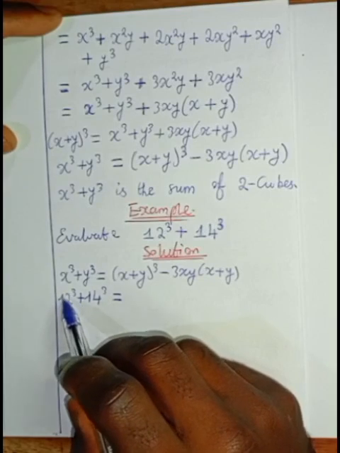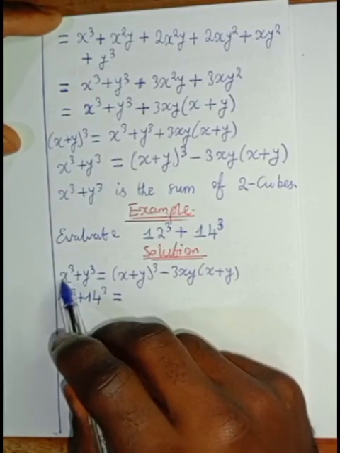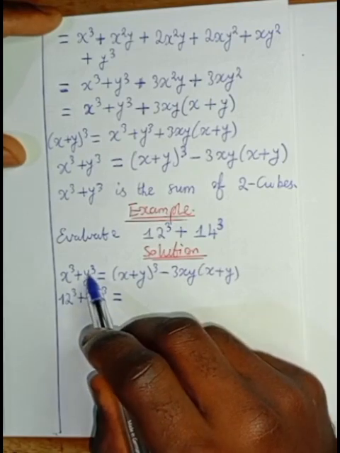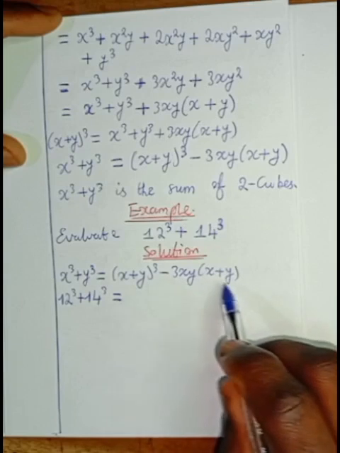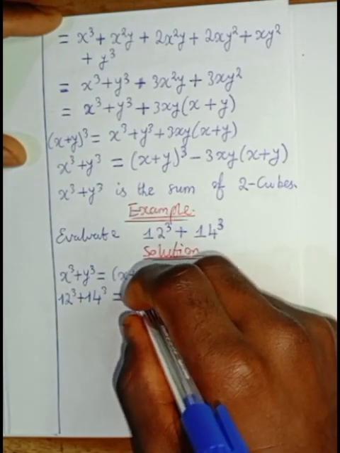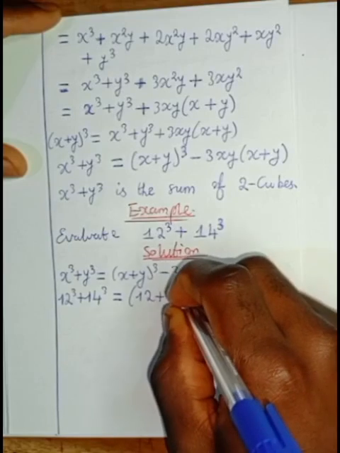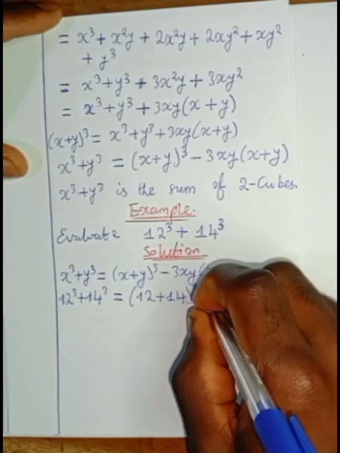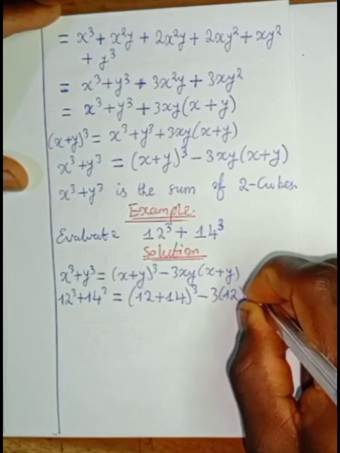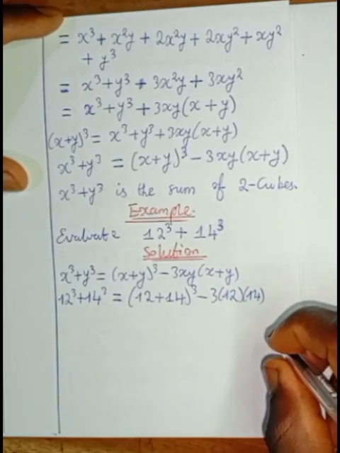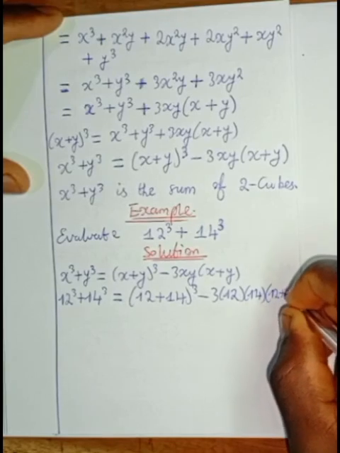So if we take 12 cubed plus 14 cubed, if we compare the left hand sides, our x will be 12, our y will be 14. So we are going to replace x with 12 and y with 14 on the right hand side. This will give us 12 plus 14 all cubed minus 3 times 12 times 14 times 12 plus 14.